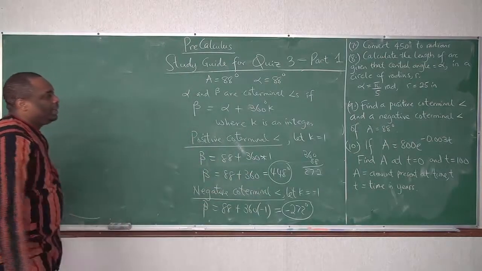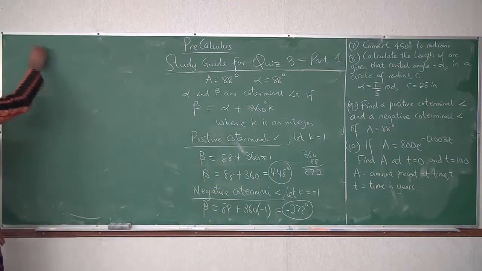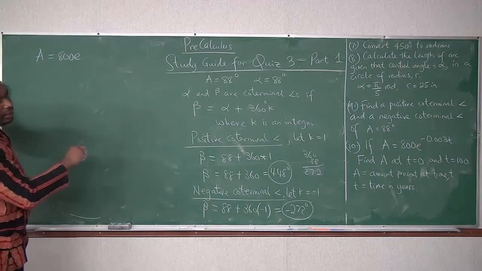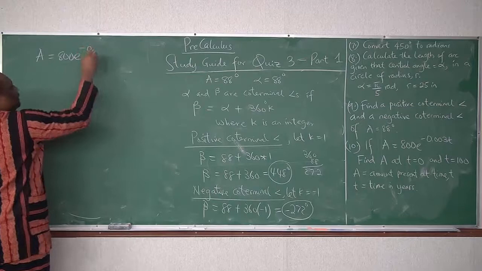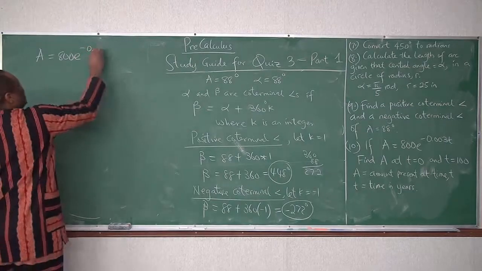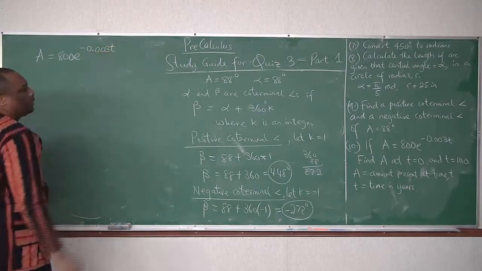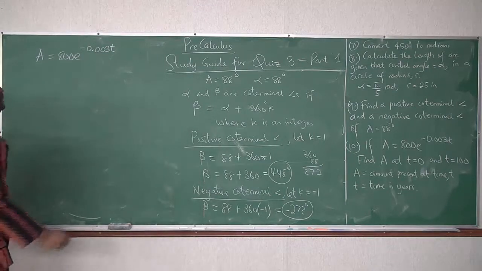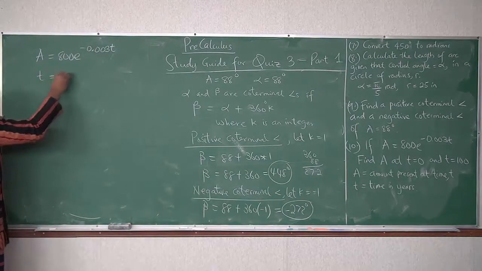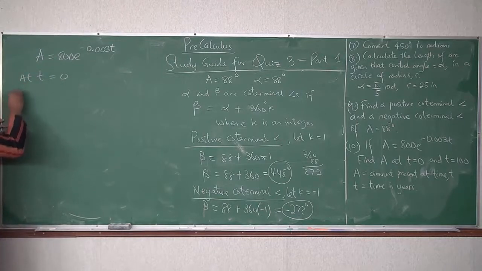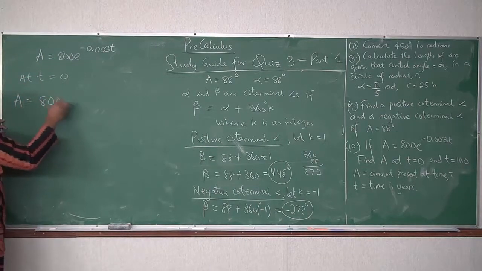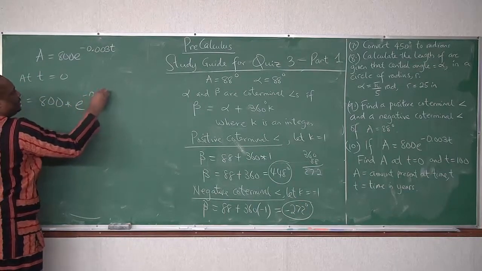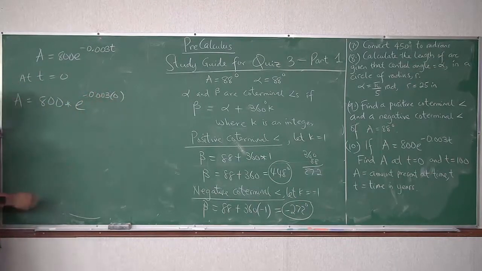Question 10. We have that A is equal to 800 E raised to exponent negative 0.003 T. Find A at T equal to 0. At T equal to 0, A will be 800 times E negative 0.003 times 0.